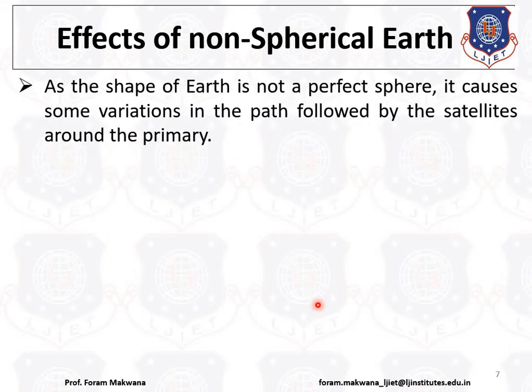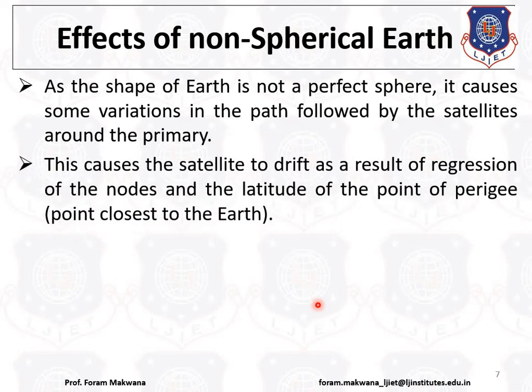Ideally, the shape of the orbit is spherical, but practically, the Earth shape is non-spherical. So it will cause some variation in the path followed by the satellite around the primary body.